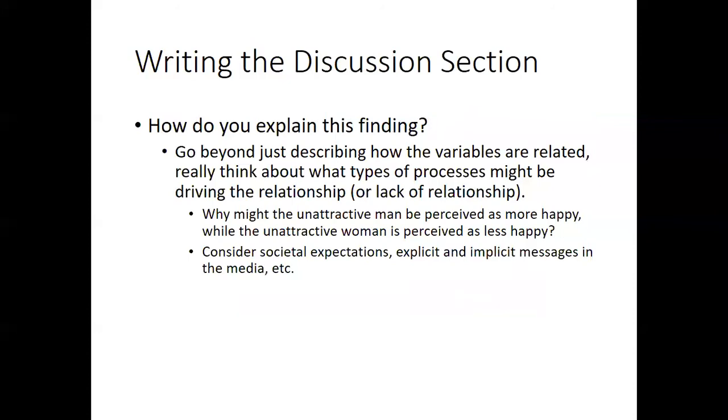Here, everything was significant, but if you didn't have significant findings, you'd also need to explain that. So why might the unattractive man be perceived as more happy while the unattractive woman is perceived as less happy? So you're thinking about broader things, societal expectations, messages from the media, whatever you can think of that might explain these differences based on gender and attractiveness.